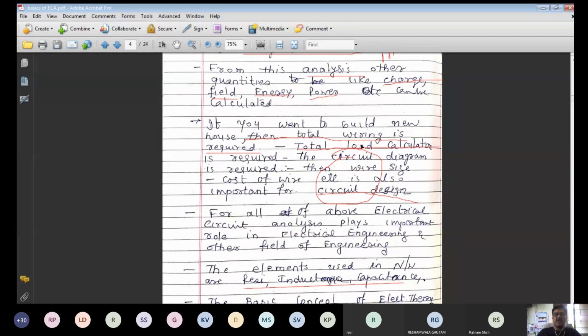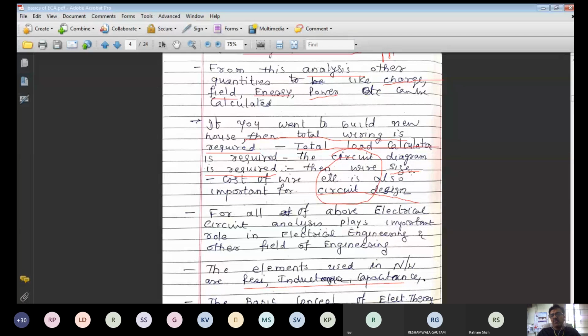We have to calculate the total load requirement. After that, the circuit diagram is also required, showing how to run the wire from one room to another room to a third room. Then the wire size is required, meaning which size of wire you need to use. Wire size depends upon the current, and the current can be calculated from the load calculation.